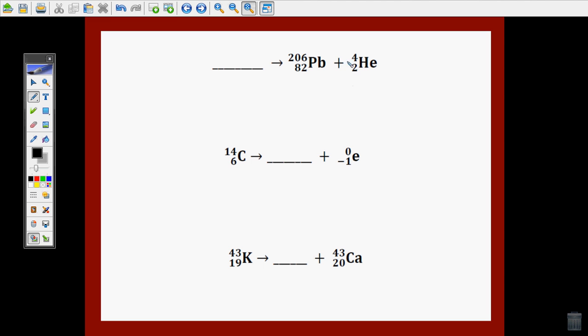All right, 206 plus 4, we started with 210 over here for our mass number. 82 plus 2, 84. Polonium has atomic number of 84. Here, carbon underwent beta decay. So 14 plus 0 is 14. 6 minus 1, 5.